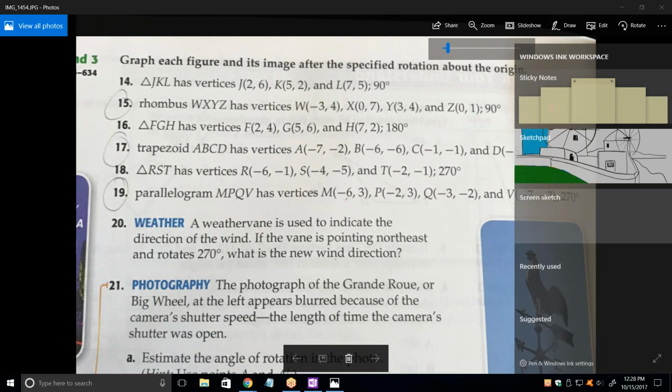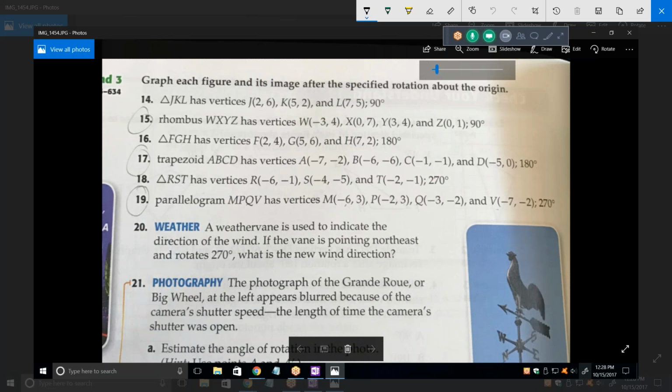Okay, rotations are harder, but not if you always use the exact same format. First of all, are these rotations clockwise or counterclockwise? Do we know?